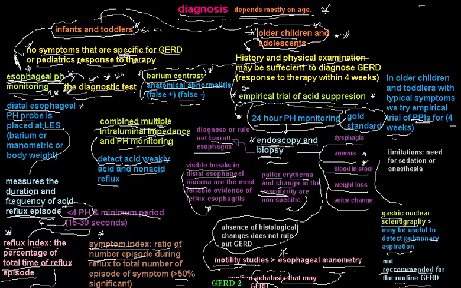Actually, it is a probe applied to the lower esophageal sphincter for 24 hours, and this probe can detect or measure the duration and the frequency of acid reflux episodes. What do we mean by acid reflux episodes? Every time we have a pH below 4 for a minimum period of 15 to 30 seconds, we have a reflux episode.